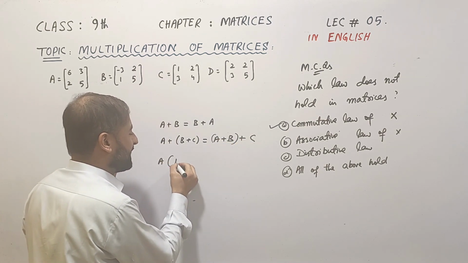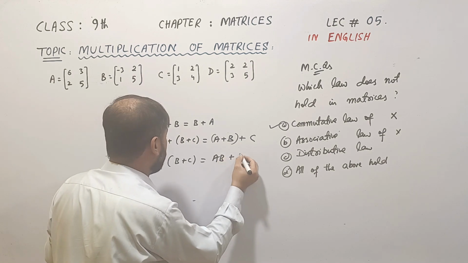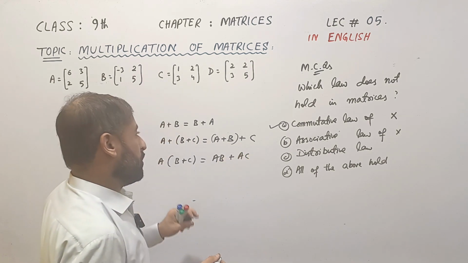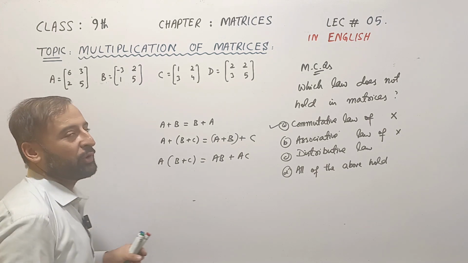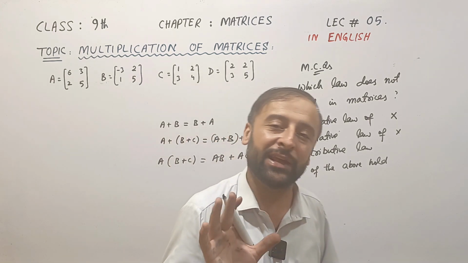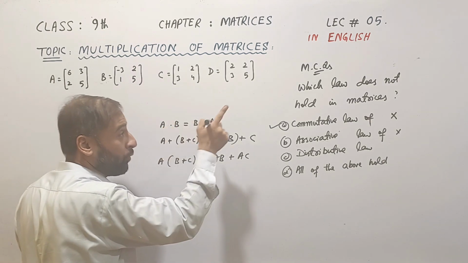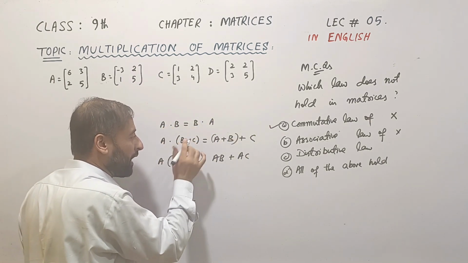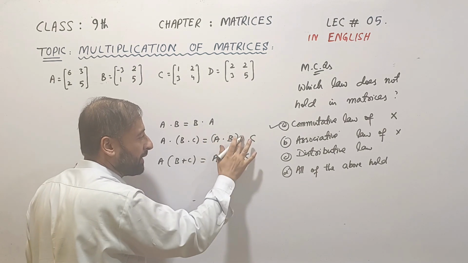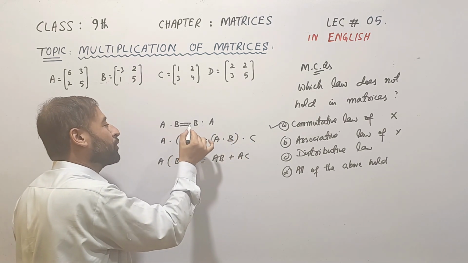And this is called distributive law of multiplication over addition. So in matrices, for addition, the commutative law, associative law, and distributive law, the 3 laws hold. But for multiplication, commutative law of multiplication, this one, associative law of multiplication, this one, and distributive law, this one. This law does not hold.